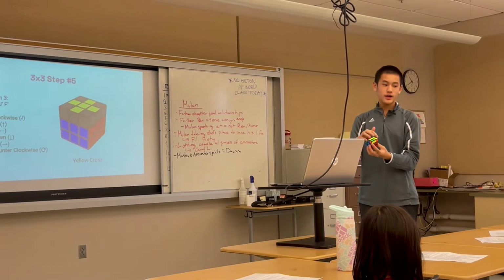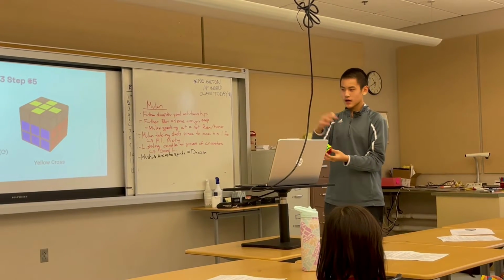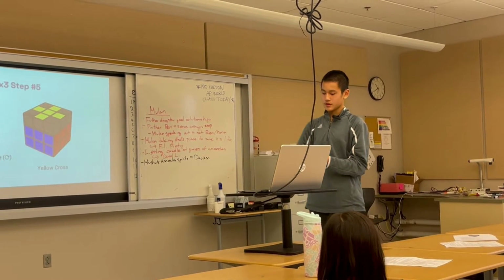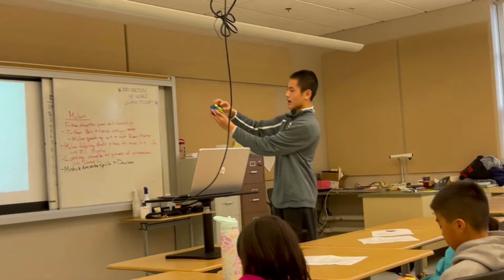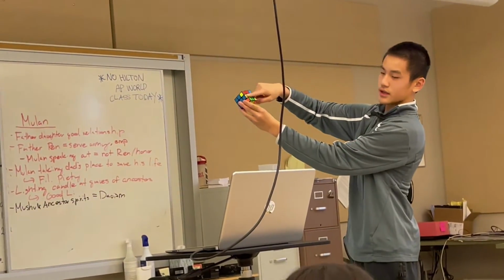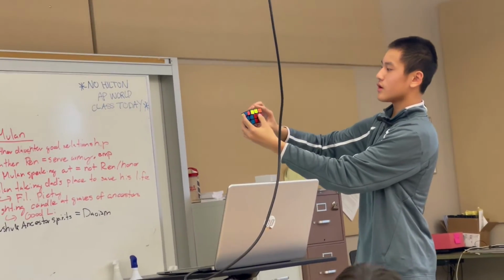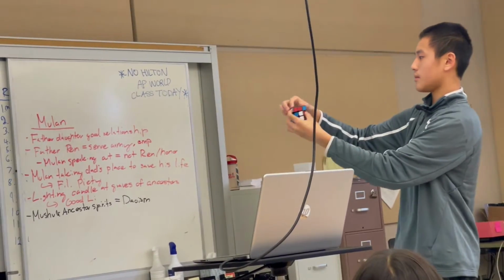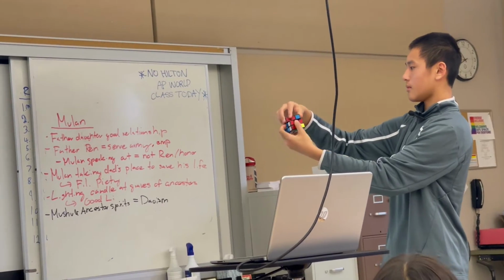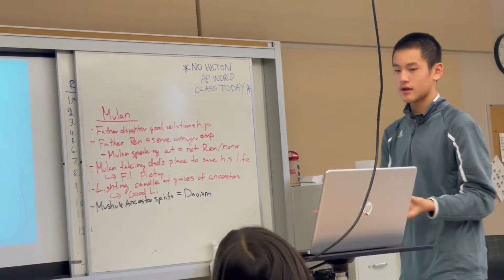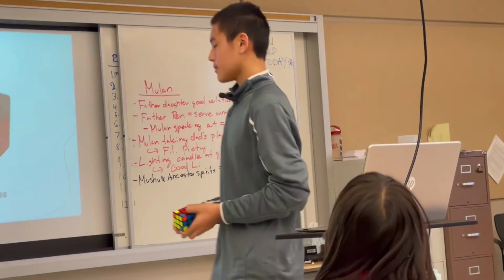Then after that you get the line. It just keeps going up a tier. When you get the line, you want it horizontal like that, not vertical. From here, you do front clockwise, right up left, right down, up right, and front counterclockwise. And then you're done with that step.